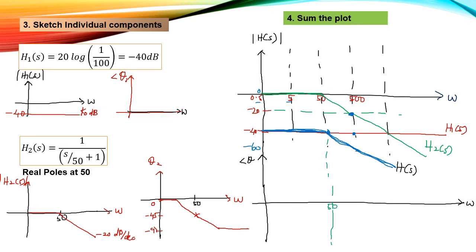At 50 it is negative 45, and then extend to the earlier and next decade. Negative 90, extend to the earlier decade. So you'll get the green one, and this is your phase plot for the given transfer function.